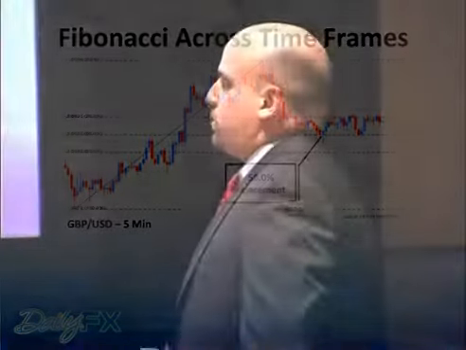Another way you can use Fibonacci, if you're an intraday trader, a scalper, you want to capture small profits, but you don't want to be involved, you're afraid of a breakout or a longer-term trend developing.